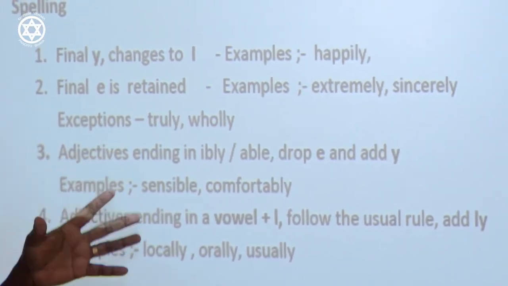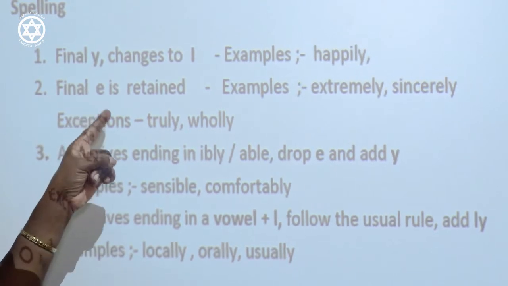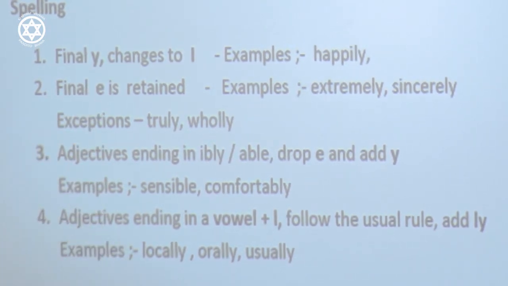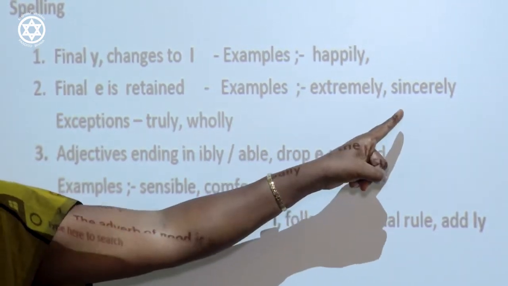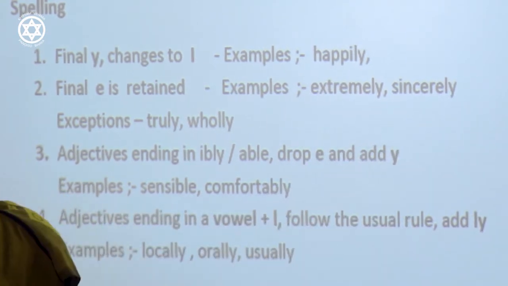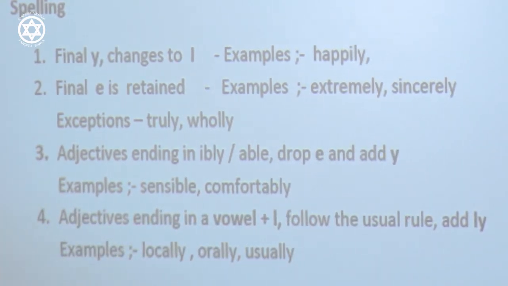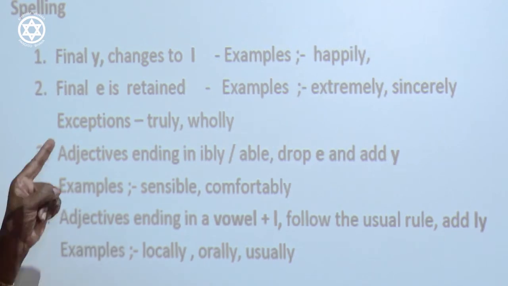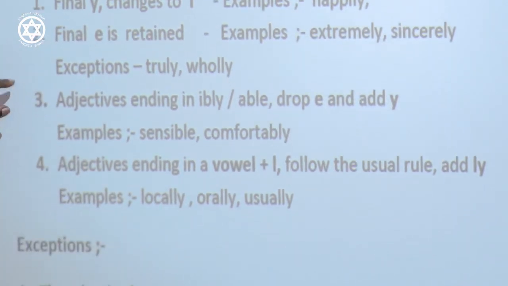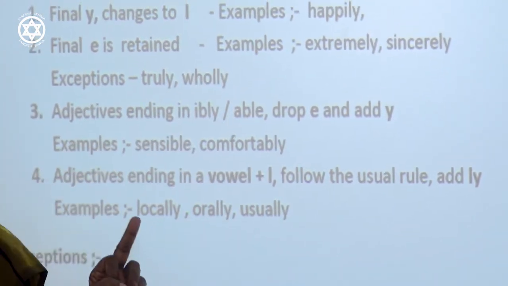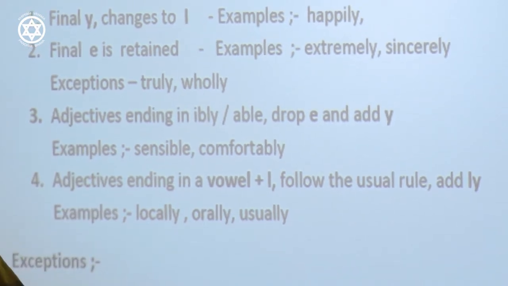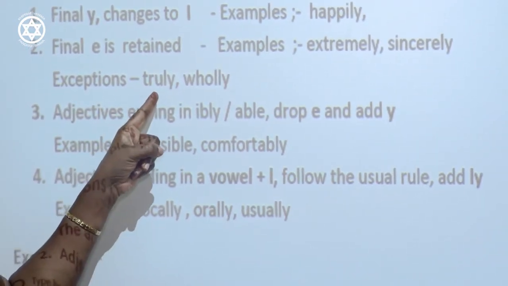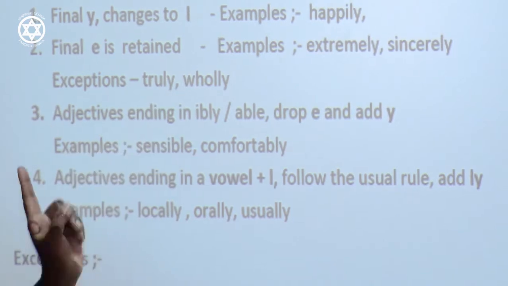In some words, the final e is not omitted. It is retained. In examples like extremely and sincerely, you do not omit e. It stays as it is. There are some exceptions. In some words, we have to omit e before you add ly. So, true: we omit e and then add ly.